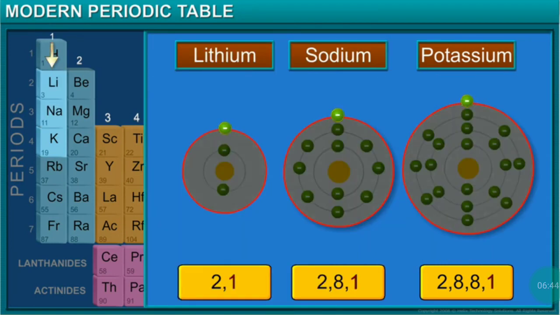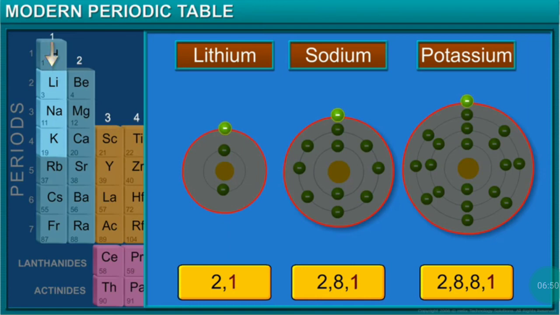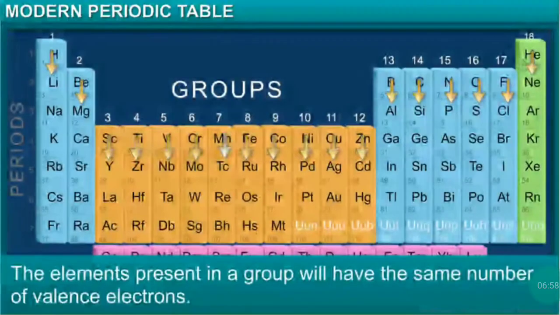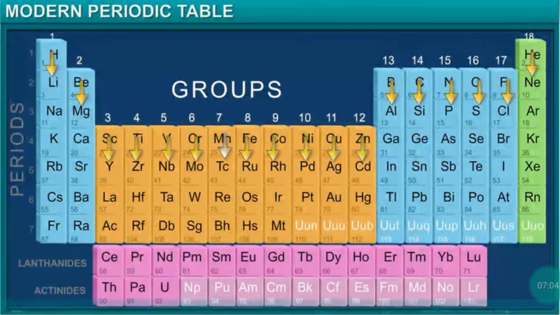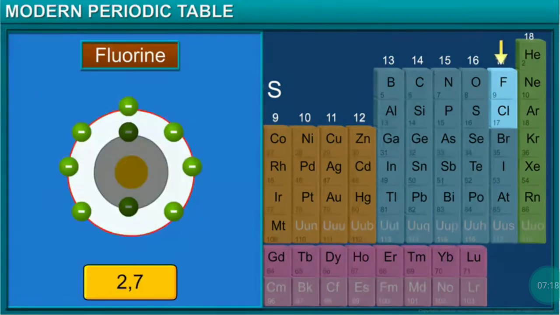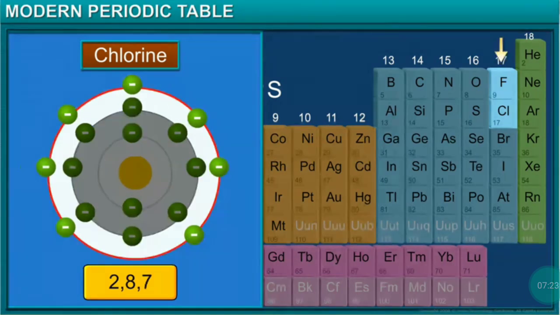All the elements contain the same number of valence electrons, meaning electrons present in the outermost shell. In this way, elements present in the same group will have the same number of valence electrons. Let us take one example of fluorine and chlorine present in group 17. The electronic configuration of fluorine is 2,7 and that of chlorine is 2,8,7.